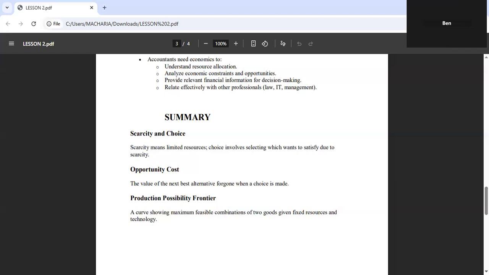Resources are limited, then you have to make a choice. What satisfies your want at that particular time? Opportunity cost is the value of the next best alternative forgone when a choice is made. You have made these choices. Opportunity cost is the cost that you have forgone so that you can make the decision that you end up taking.